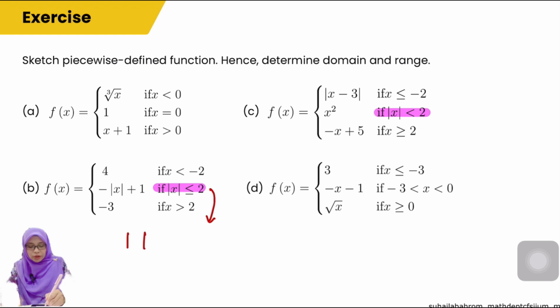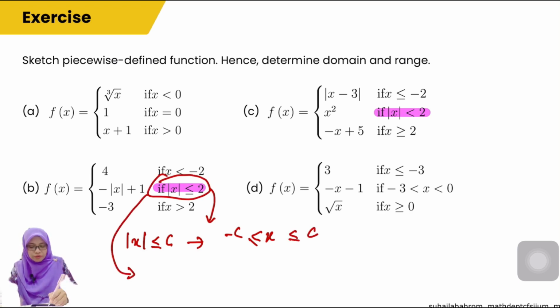In general, when you have modulus of x less than or equal to c, it means x is between negative c and c. Therefore, the domain for the second equation here is x greater than or equal to negative 2, but less than or equal to 2.